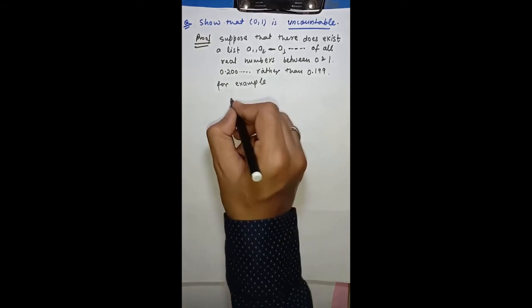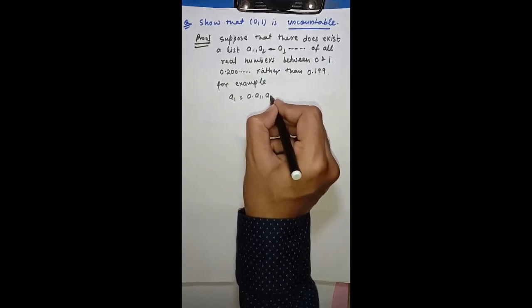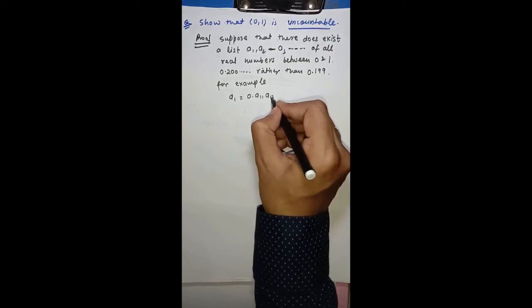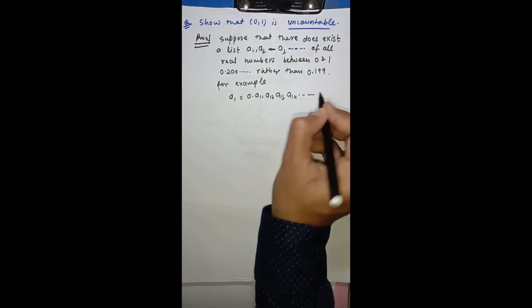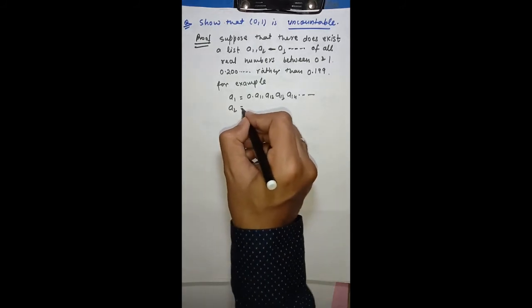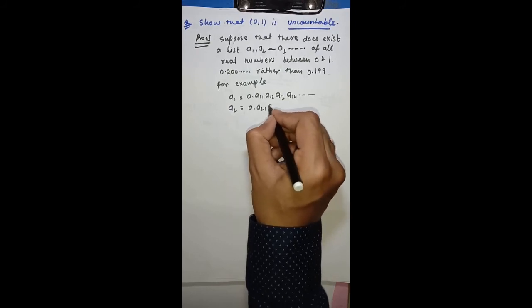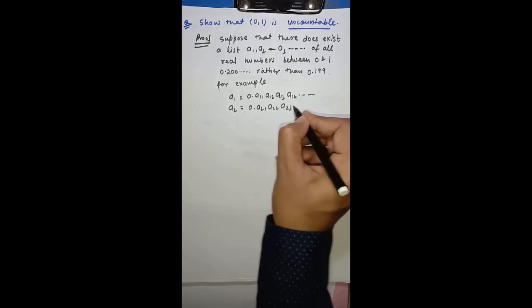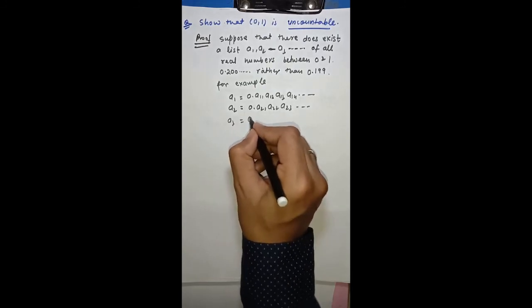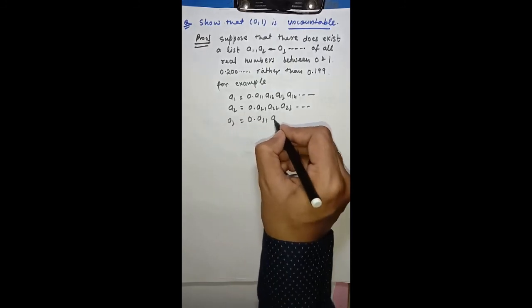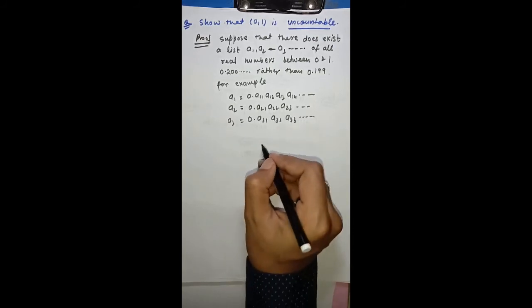suppose we have a list: A1 is equal to 0.a11, a12, a13, a14 and so on. A2 is another number, 0.a21, a22, a23 and so on. And A3 is equal to 0.a31, a32, a33 and so on.